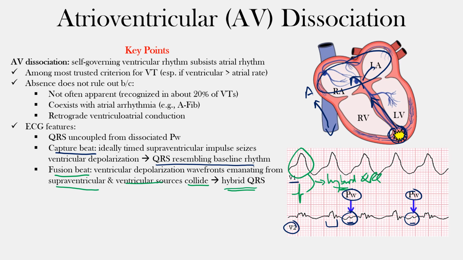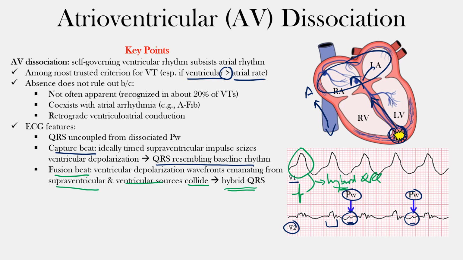So AV dissociation is one of the most trusted criteria for VT, a key one, especially if the ventricular rate is greater than the atrial rate. This results from a self-governing ventricular rhythm overriding the atrial rhythm, pretty much taking over the pacemaking function of the heart.